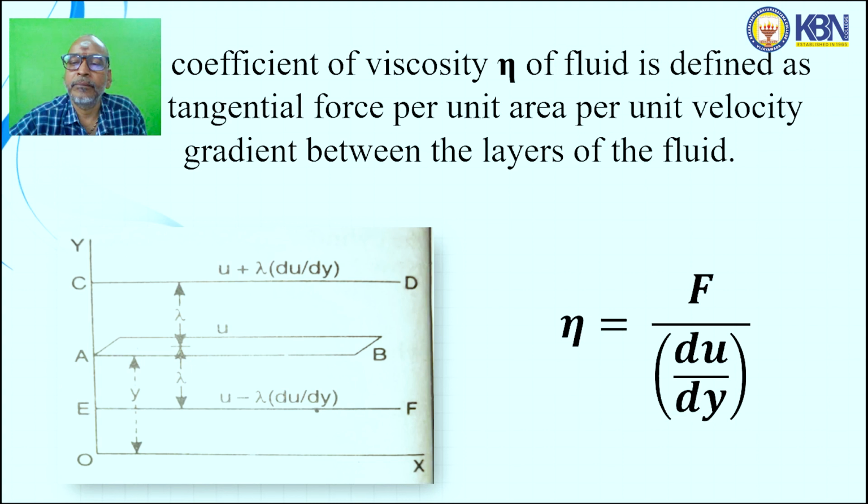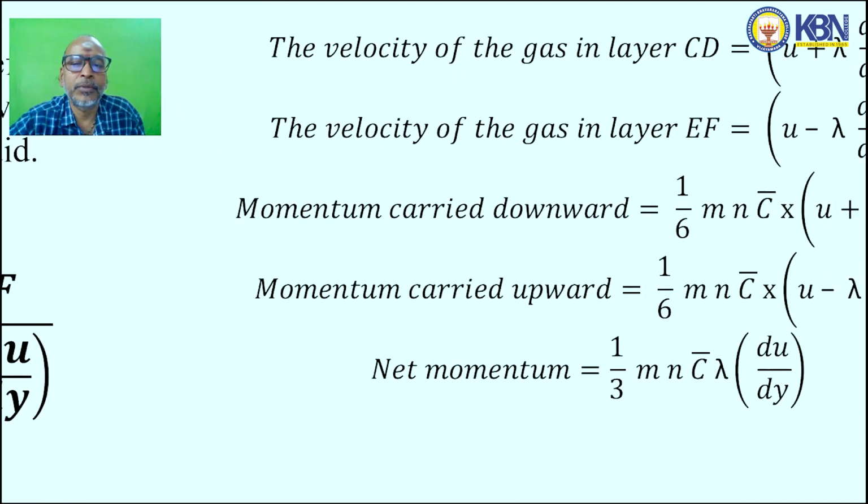It is given by the mathematical expression eta equals F by du by dy, where du by dy is the velocity gradient, F is the viscous force, and eta is the coefficient of viscosity. Here the letter lambda is the mean free path, that means the average distance between molecular collisions, the distance between consecutive collisions among the molecules.